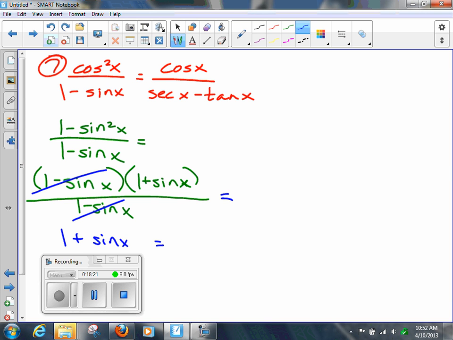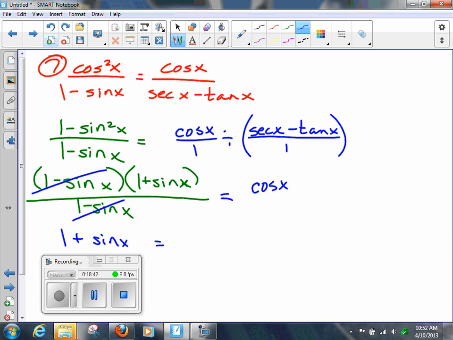I'm going to go old school. So here I go: cosine x over 1 divided by secant x minus tangent x over 1. I'm going to take away the 1s. Are y'all all right with me doing that? Let's see what happens.